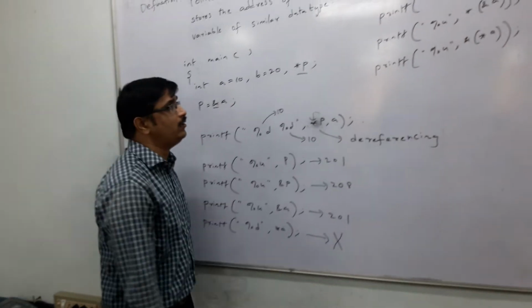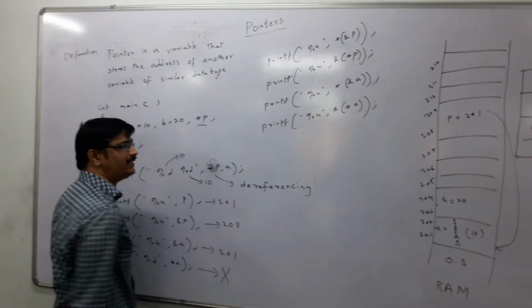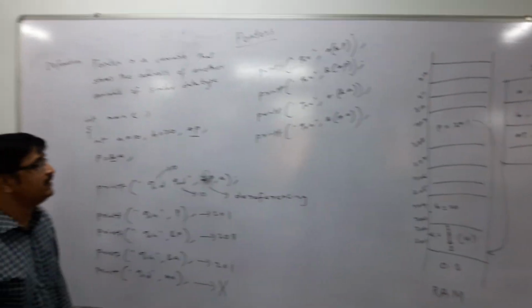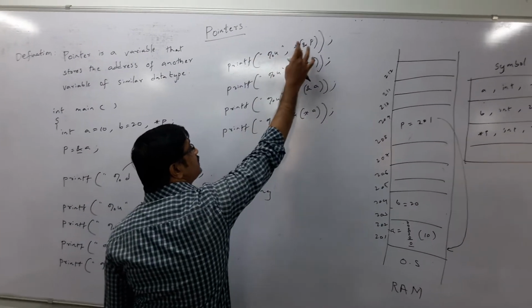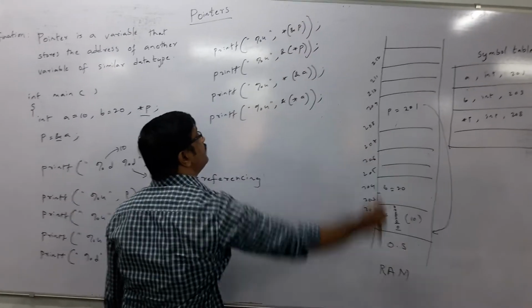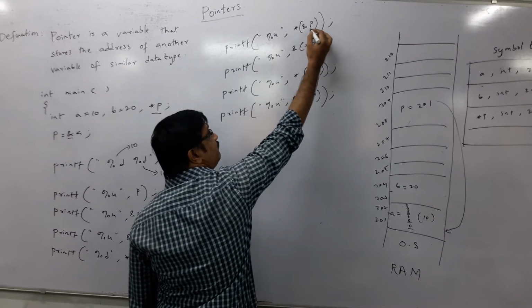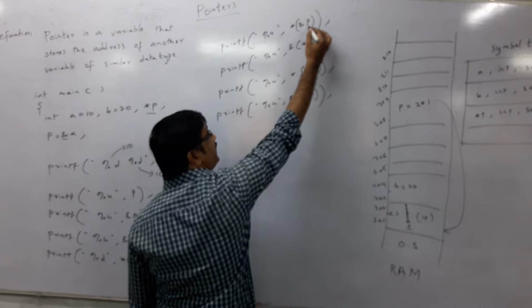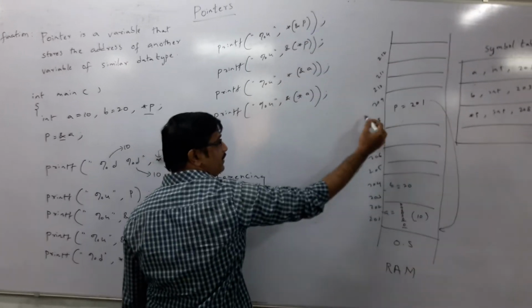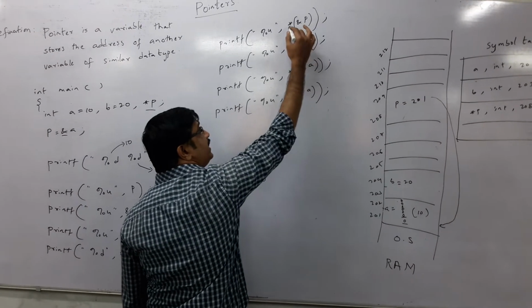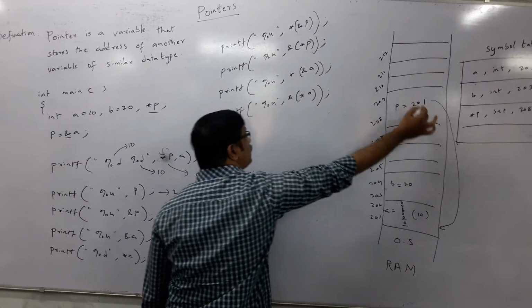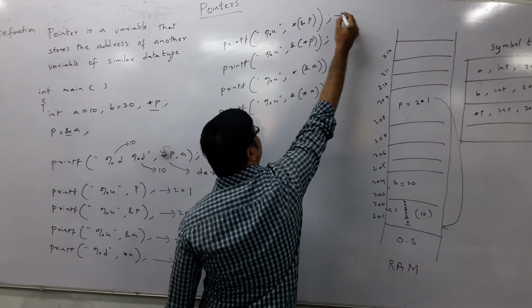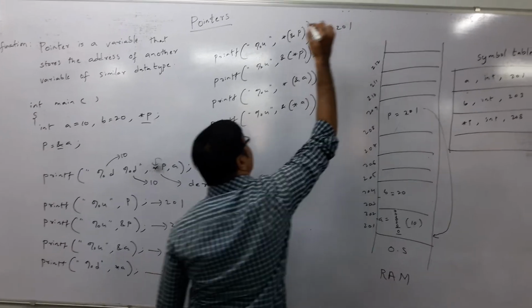Now let us see these four interesting printfs. Watch this one, it is quite interesting. printf("%u", *&p). What is &p? We know that is the address of p, which is 208. * indicates the value at that address location, so the value at that address location is 201. So this is going to be 201.